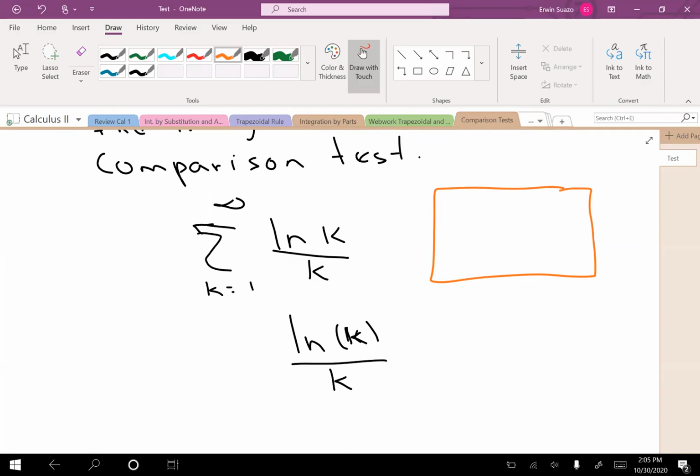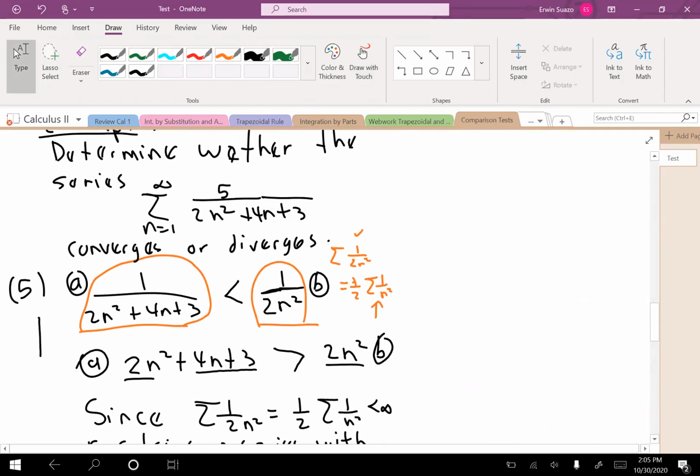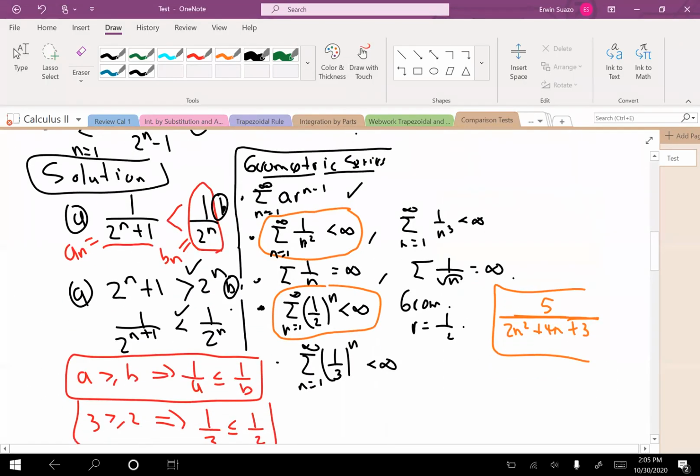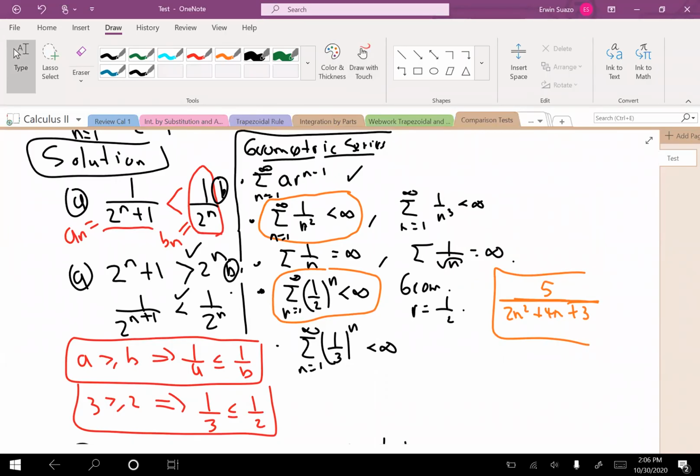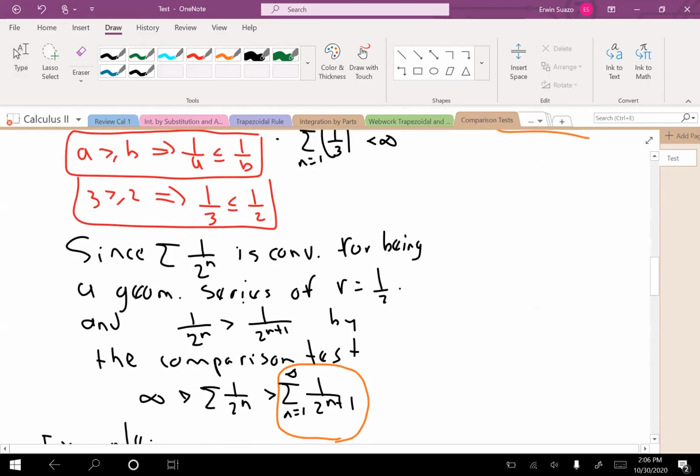Remember, we don't know that much. We know geometric series and P series basically. Can we use a P series? Yes, we could try 1 over n.